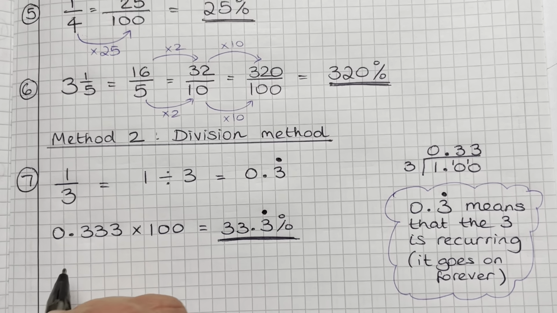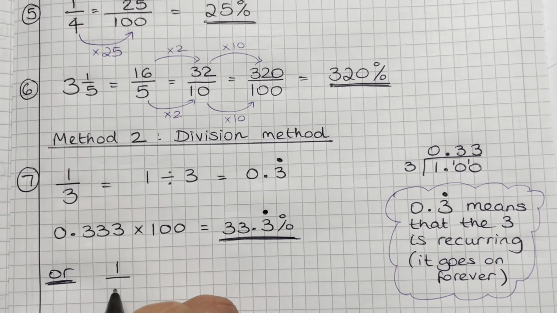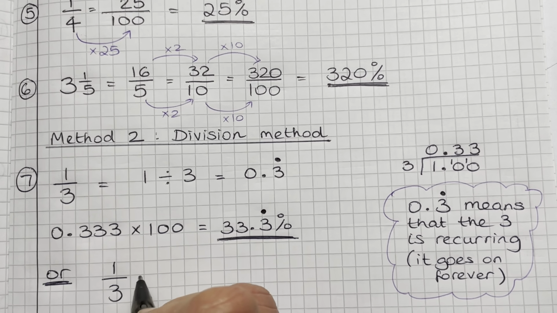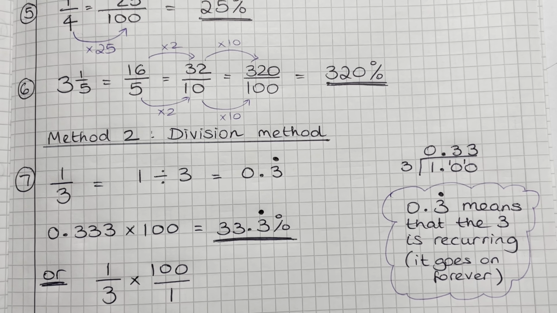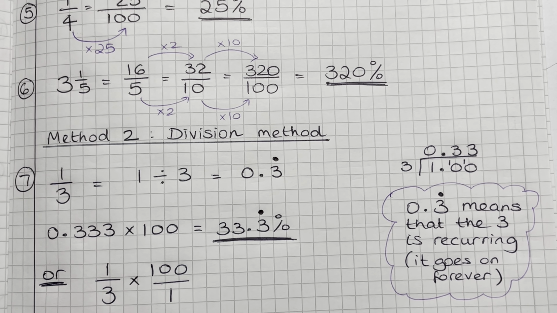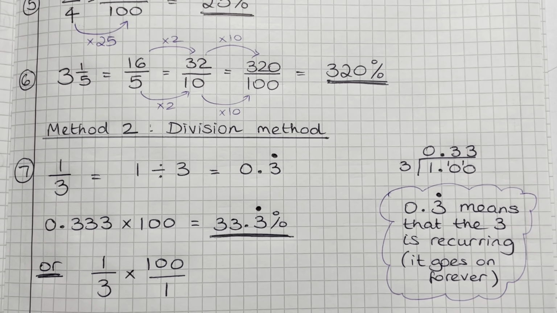There is another way you can do it. We would just fast track it a little bit. You can do 1 divided by 3 multiplied by 100 over 1. Then you would just do exactly the same thing with your short division. This brings you straight into a percentage rather than going to a decimal first.